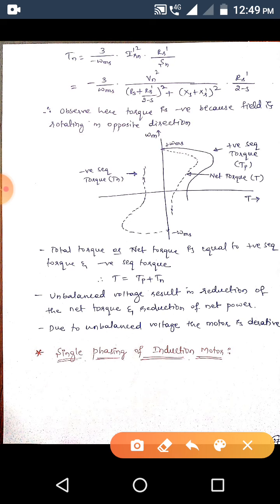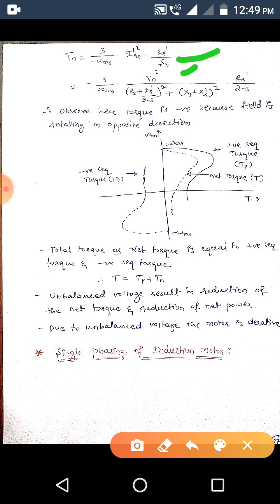Torque is equal to, we have the negative torque here, is it right? So minus 3 divided by omega ms, the rotor current square, into R prime divided by the negative slip here. So that equals, substitute it, minus 3 by omega ms Vn square, divided by (Rs plus R prime divided by the slip 2 minus s) whole square plus (Xs plus Xr prime) whole square, into R prime divided by 2 minus s.